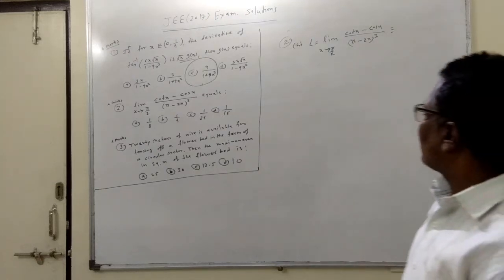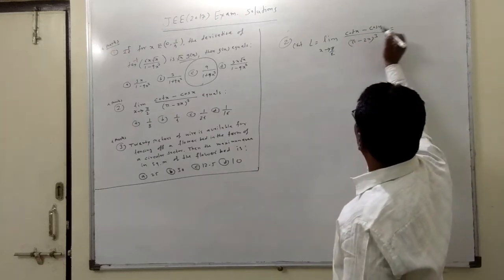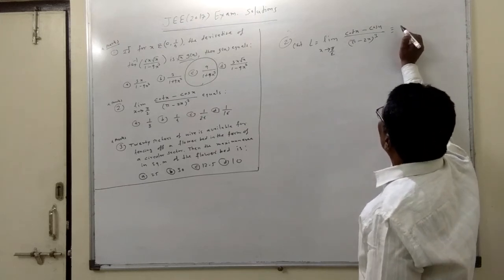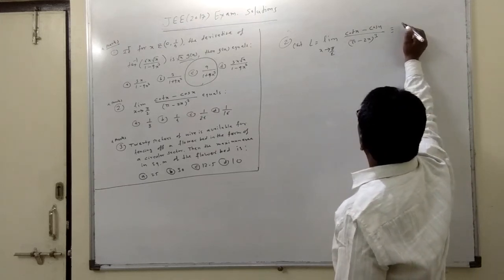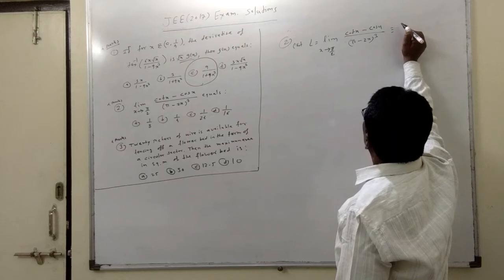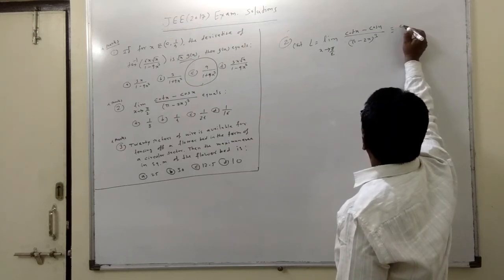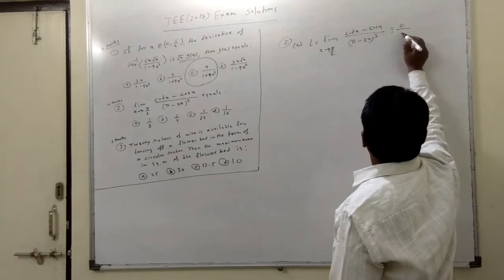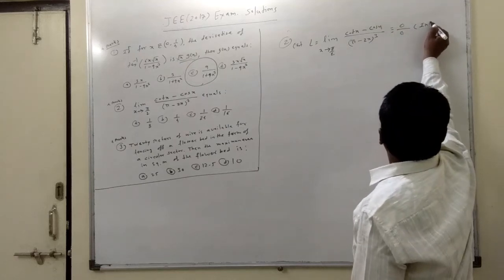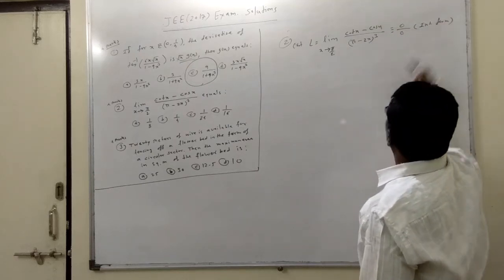Now if we follow the direct method and put pi by 2 here, cot pi by 2 is 0 minus cos pi by 2 which is 0, and pi minus pi is 0, so it is 0 upon 0, an indeterminate form.